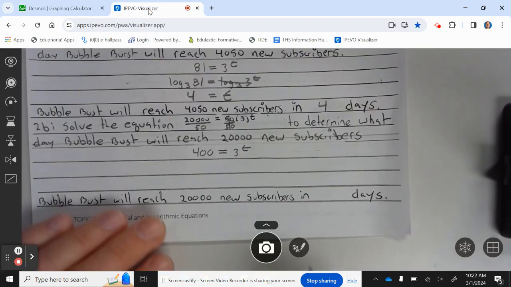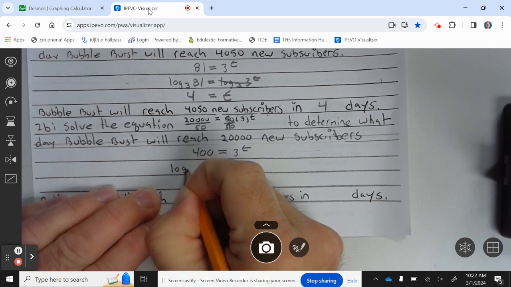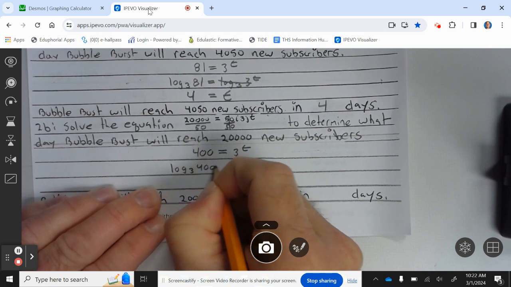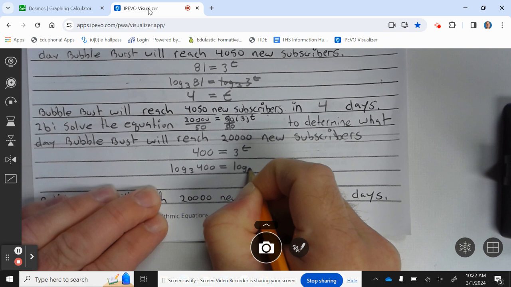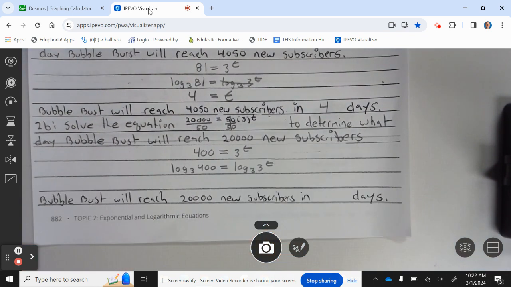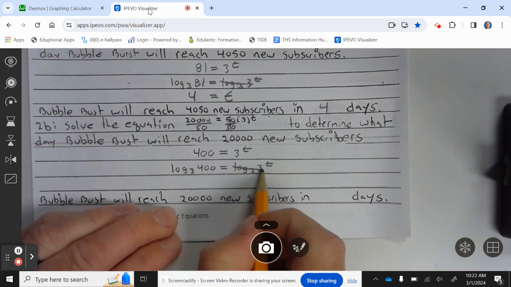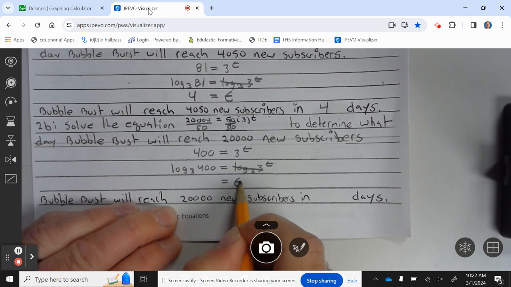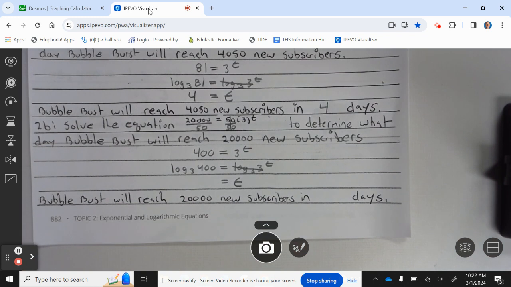Okay, so we're going to take the log base 3 of both sides. Log base 3 of 3 cancel, so you're left with t equals log base 3 of 400.